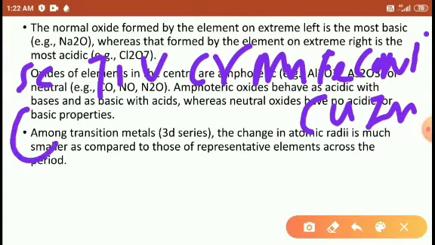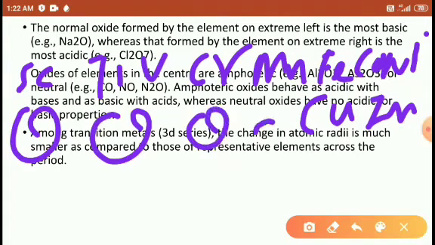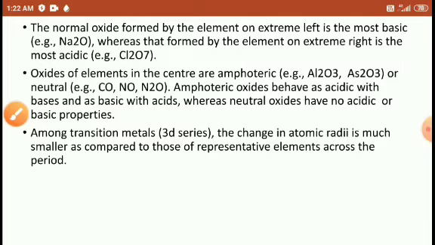Here again the atomic radii decrease, because the electrons increase in the same shell and protons also increase. Protons increase but electrons are in the same shell, that's why nuclear attraction is high. Right, friends? So the atomic radii decrease.